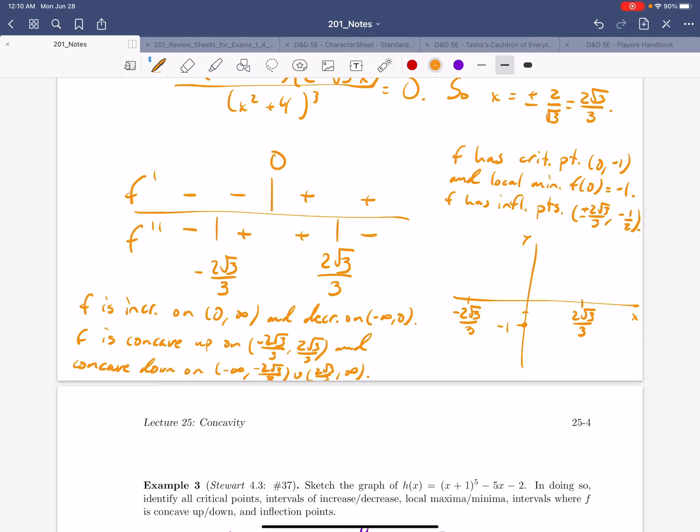We know that negative 1/2 is the other place that's important. So let me sketch this in purple. So I guess we have something like this. We know that this point exists. That point exists. So our graph looks something like this.